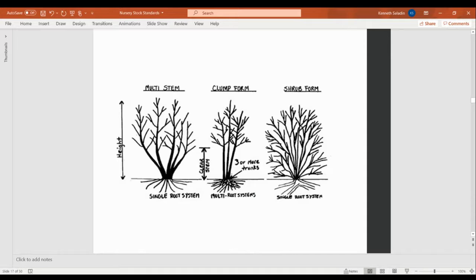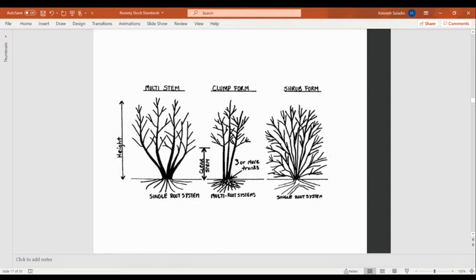According to the standards, this diagram shows the different precise definitions for multi-stem, clump form, and shrub form. But in my experience in the nursery business, sometimes all 3 of these terms get used together. To a lot of people, they all mean the same thing. But according to the publishers of the Nursery Stock standards, they are different things.